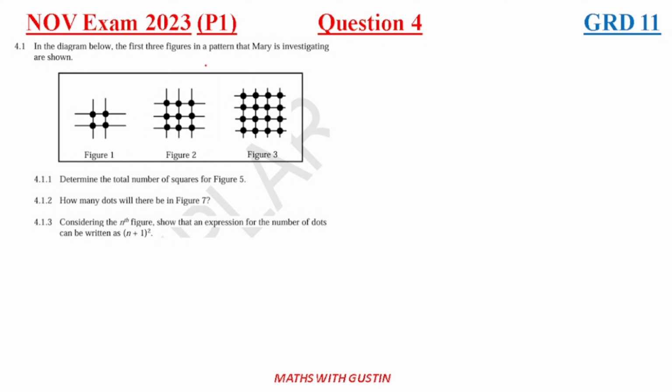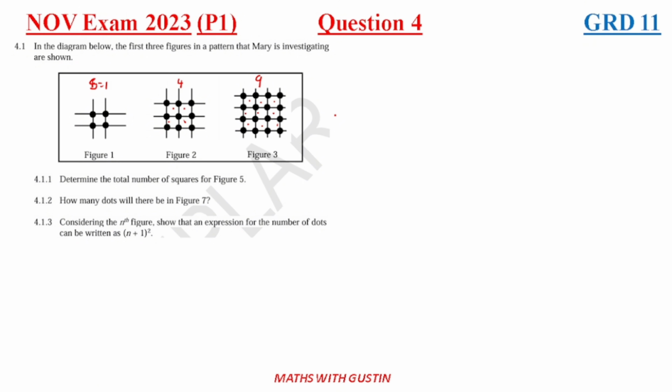Let's come here and see figure 1. Let's see how many squares are here. We only have 1 square. And then here, how many squares? 1, 2, 3, 4. We have 4 squares. And then 1, 2, 3, 4, 5, 6, 7, 8, 9. Here we have 9 squares.